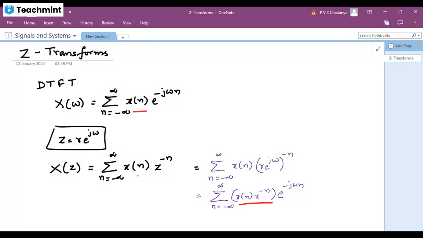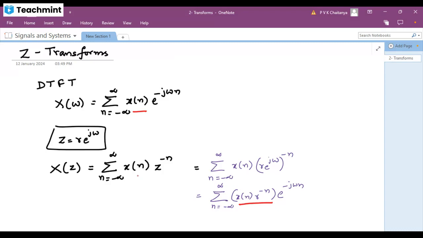The discrete time Fourier transform can be applied to those signals which are absolutely summable, so sigma of x of n should not become infinity. For some signals which are not summable, which tend to infinity, you cannot find the discrete time Fourier transform. For such signals also we can use the Z transform.